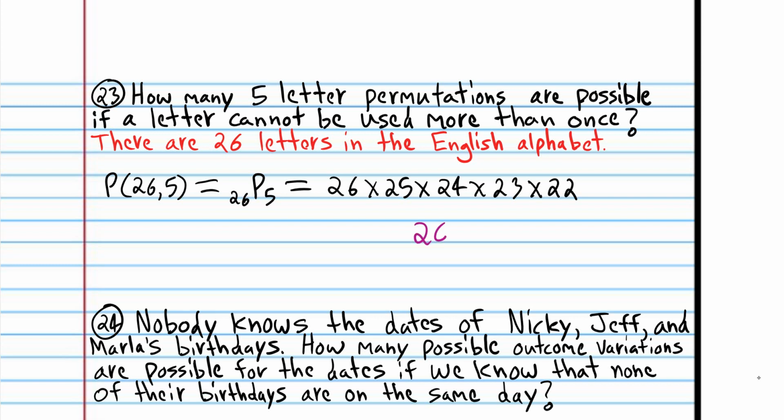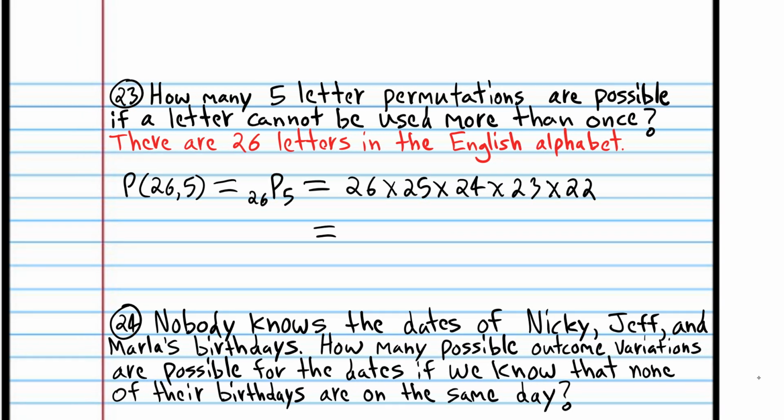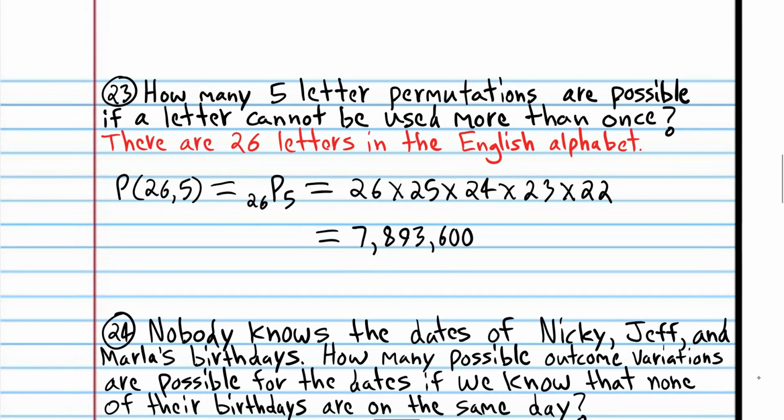So you should have 26 NPR 5 entered, and when you press the enter button, we should get 7,893,600 permutations.